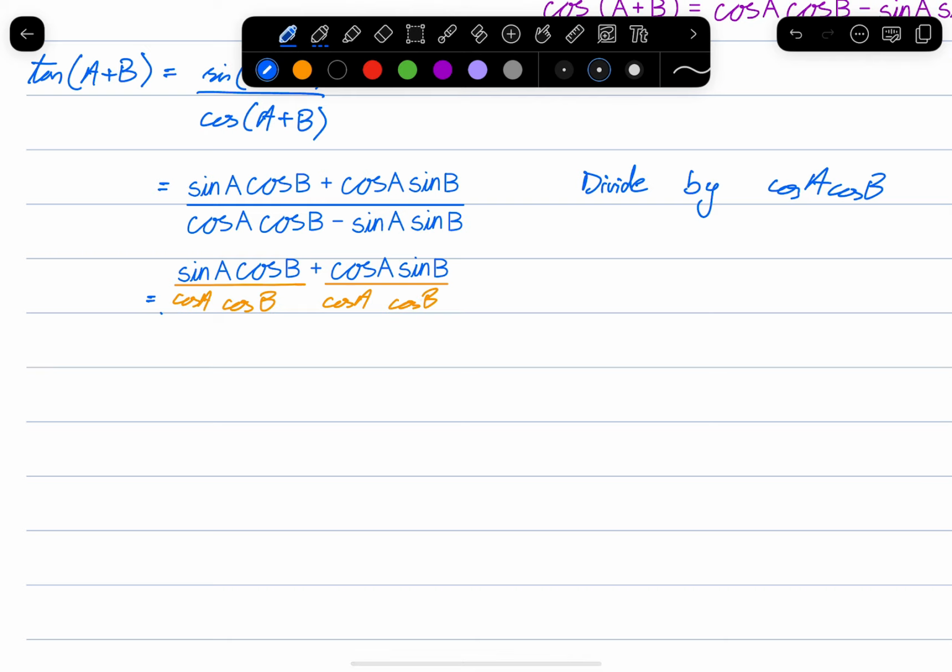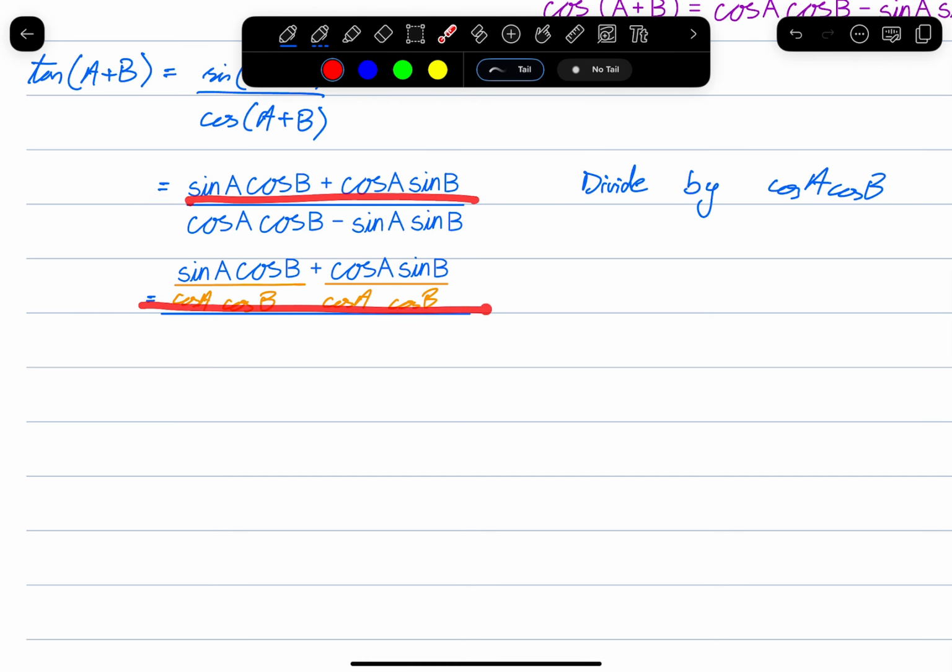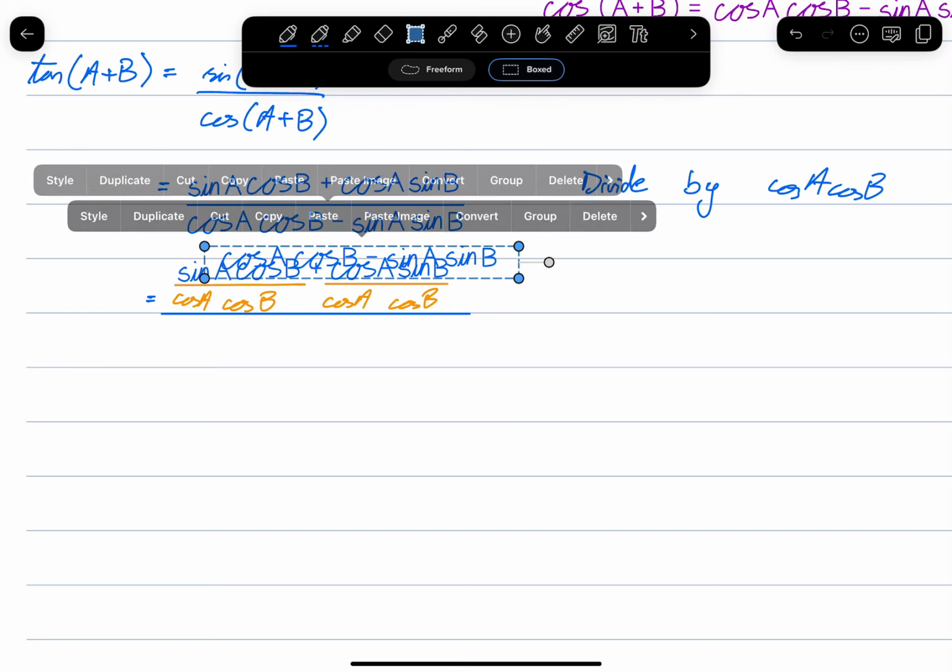Now that is the division. This is now copying out that fraction line. These two are also going to be divided.